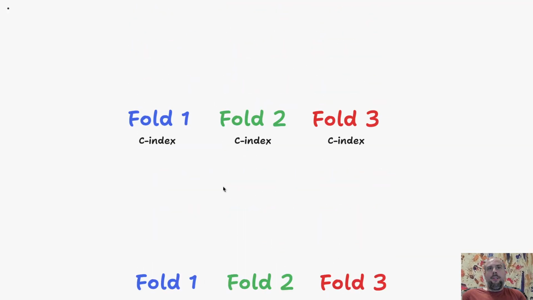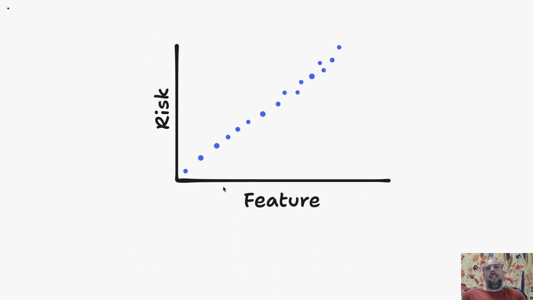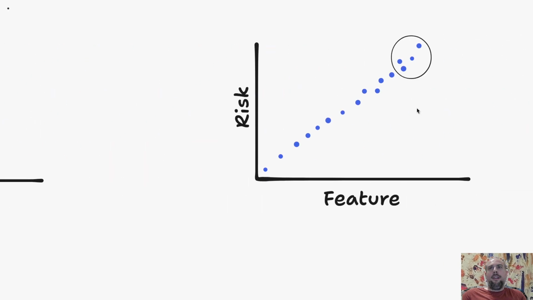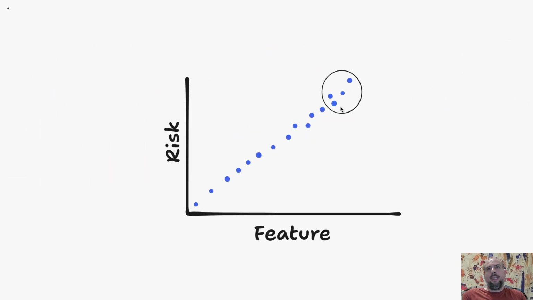Now, some people are very uncomfortable with this idea because if we have our data, and let's say this is our test fold again, to get the ranks of this data, we have to look at all the data, which includes the training data. So when people hear test data and training data together, that makes them very uncomfortable, and you can't convince them that this is the right thing to do.